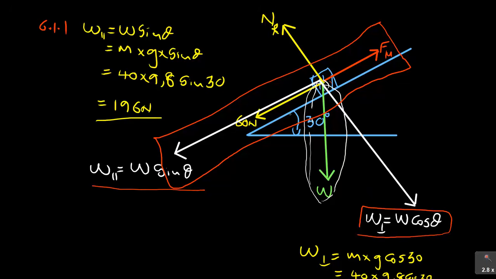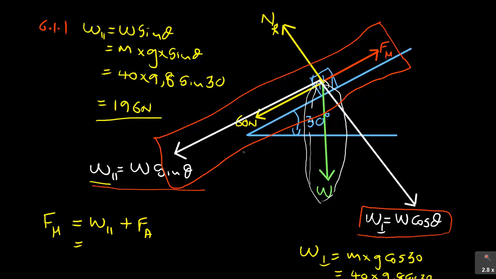You can see that now if we take up as positive, which means we will have F mu, which is positive going up, is equal to the forces that are going down, which is W sine theta, or actually I must say W parallel, as you can see that one, plus there is 60 newtons, which is our F applied.